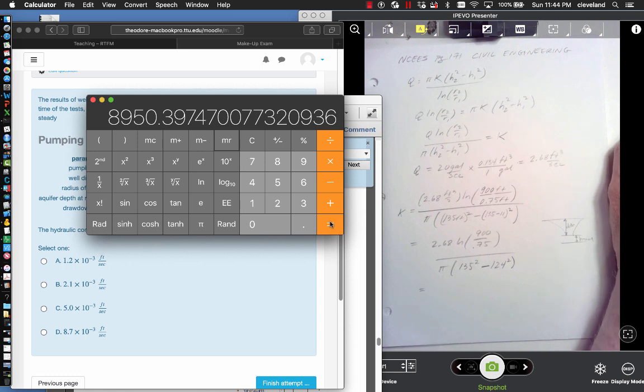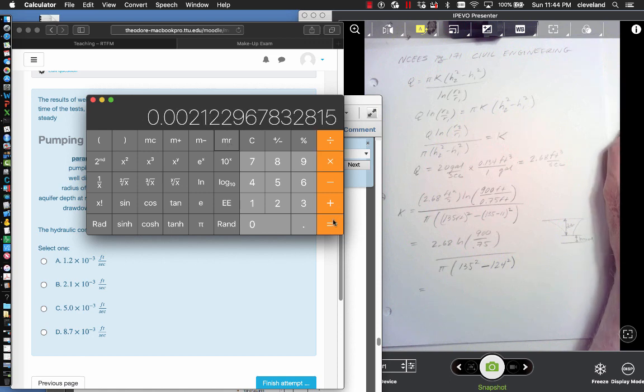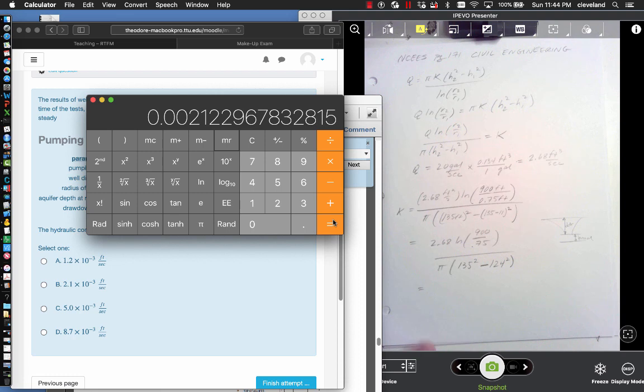And we want to invert it, times memory recall, equals 0.00212 feet per second, which is 2.12 times 10 to the minus 3 feet per second. And our closest answer, without going over, is B.